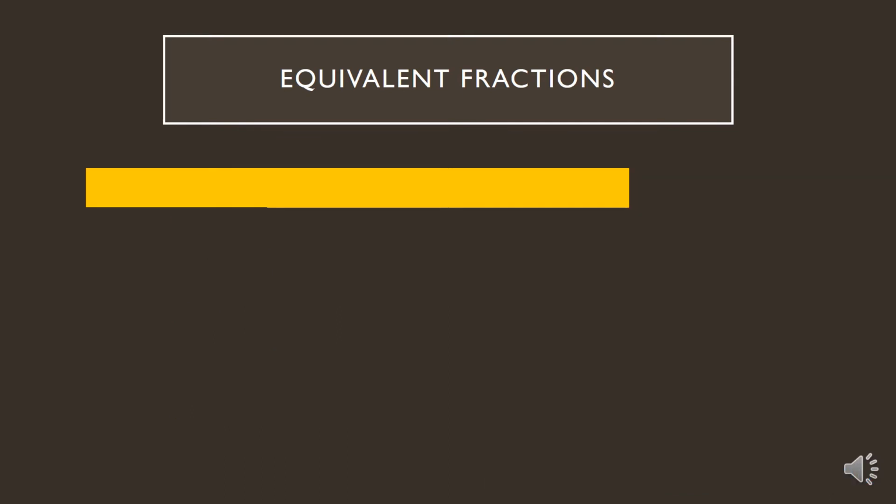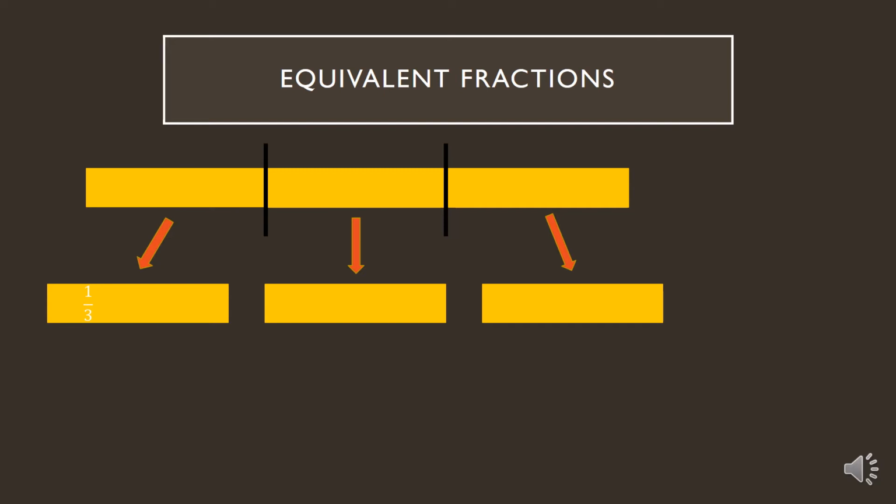Here's another illustration. Let's take this yellow strip as one whole, so as 1. We divide it into 3 pieces, gives me 3/3. So each of those smaller rectangles is a third. We divide them again.